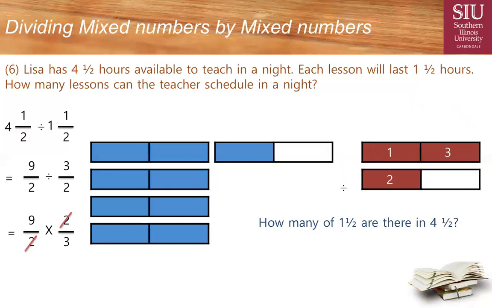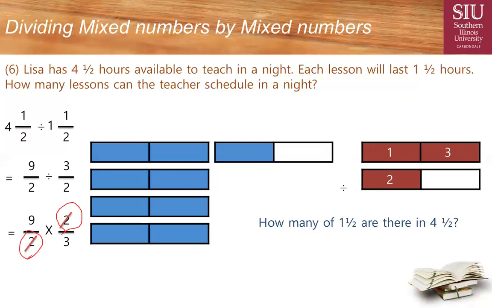So procedurally, you want to invert and multiply. So 9 over 2 divided by 3 over 2 is equal to 9/2 times 2/3. And next we can cancel the 2 because the numerator and denominator have the same number. So we just cancel this.